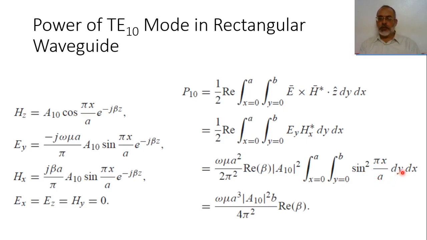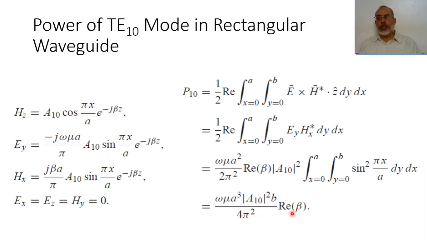The integration with respect to y would be directly b. The integration of sine squared pi x over a would be a over 2. So this would be a multiplied by b over 2. So we have a squared already, it would be a cubed, b over 2, and we already have 2, it would be 4, but real beta.